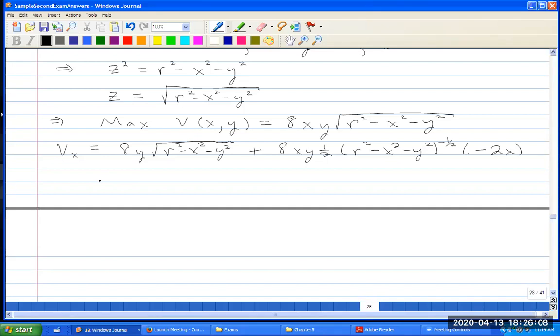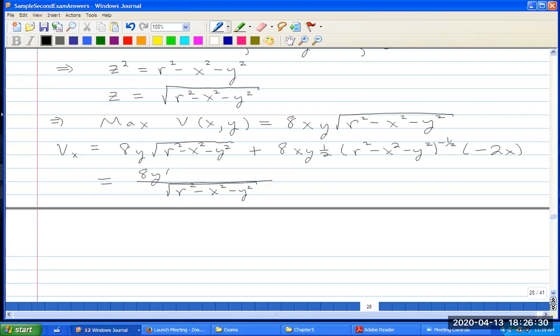And so this is equal to, getting a common denominator of the square root of r squared minus x squared minus y squared. So let's multiply and divide this first term by that.